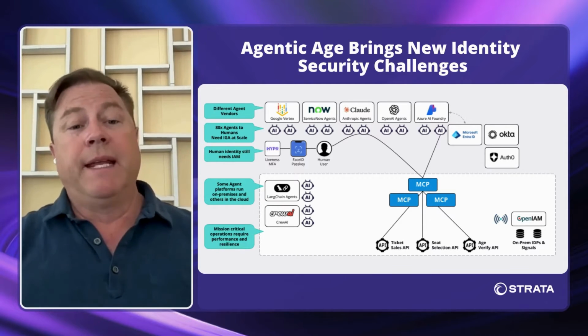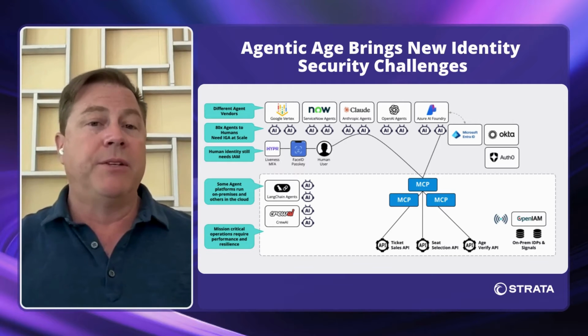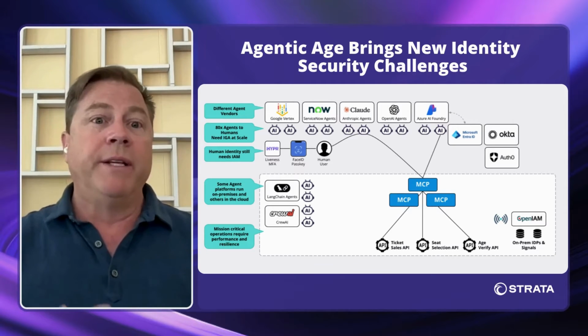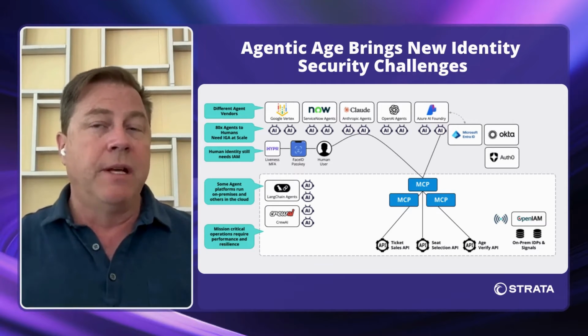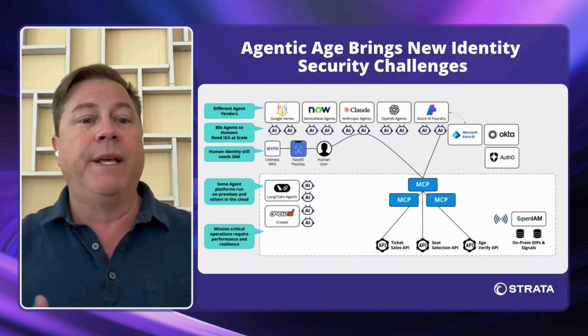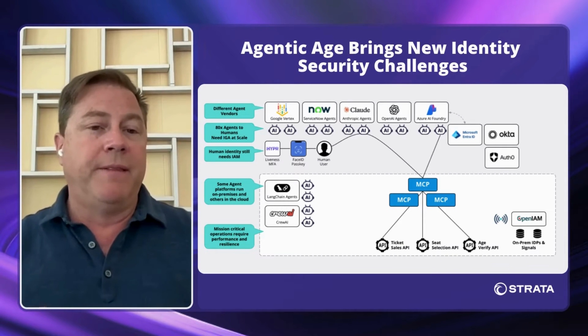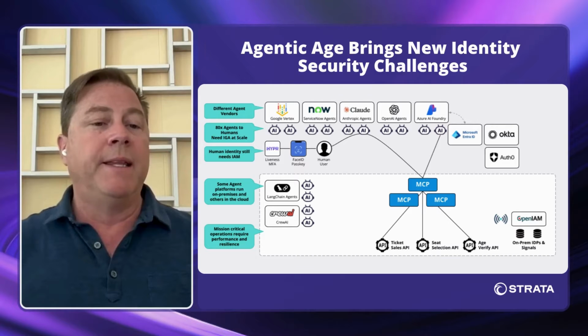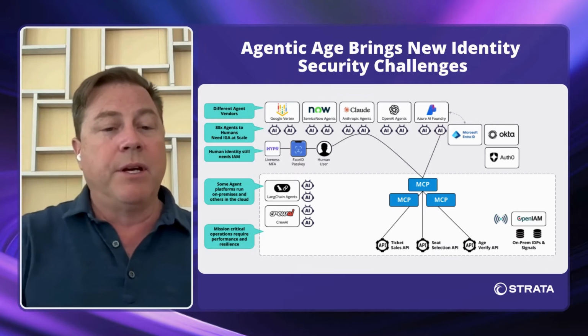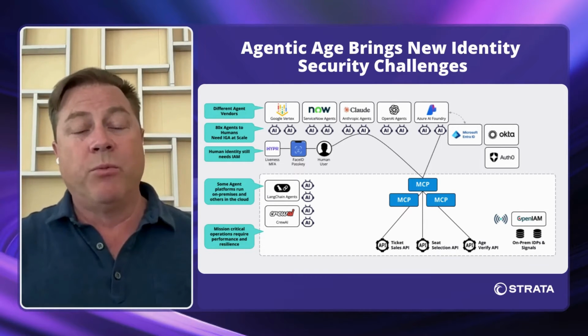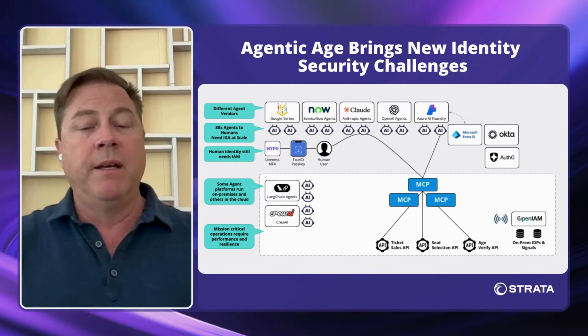And if you think about getting to mission critical utilization of agents, if these are going to really fulfill the potential of having agentic employees, then we need to make sure that they're always up and available, and that the identity systems that secure and control them are as performant and resilient as we have in the human world.